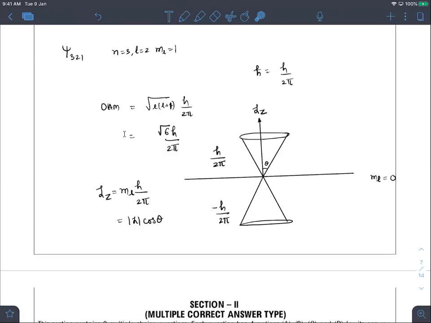Knowing precisely all the components of non-zero angular momentum of an electron in a hydrogen atom would violate Heisenberg's uncertainty principle. Is it true? Anyone? Arnav? I think it is false. Why, beta? Sir, because Heisenberg principle states a relation between the position and the velocity.